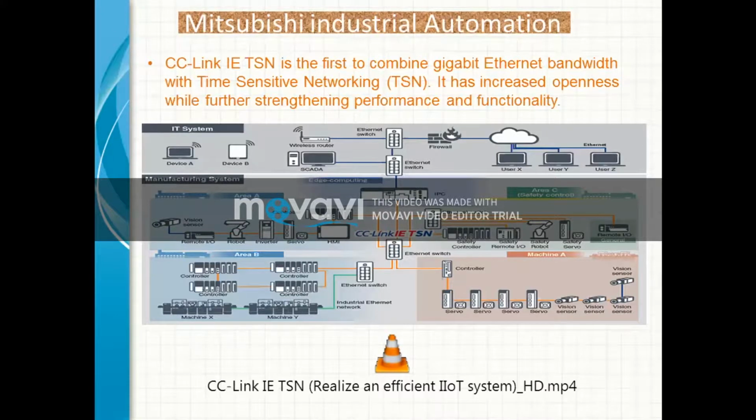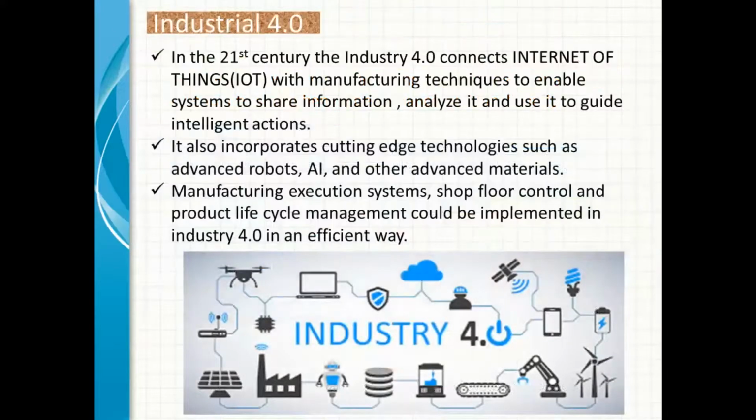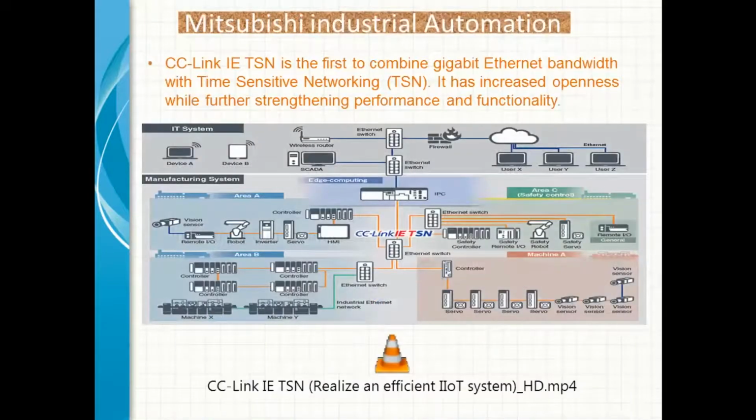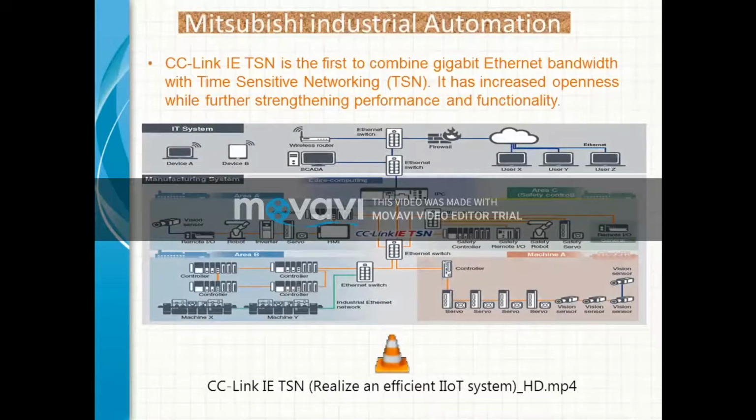In the previous slide, you would have seen all these Industry 4.0 things, cutting-edge technologies and Internet of Things. So this CC-Link IE TSN is nothing but a single cable. If you consider factory automation, there will be different kinds of things.